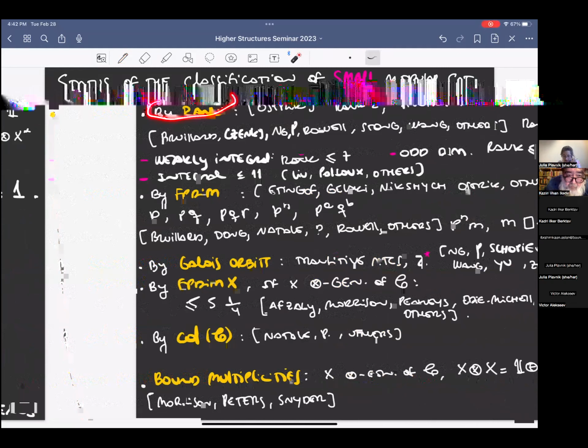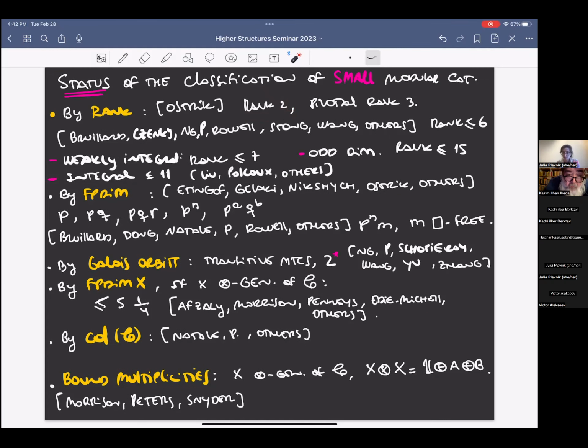Victor Ostrik started this in the more general setting, not modular categories, but fusion categories. And he gave a classification of rank 2 fusion categories. But imagine rank 2 is not a lot, it's the unit and one extra object. In this case, there are some interesting categories. For example, the Fibonacci categories is here, and then representations of groups, and not much more. So this was well understood in generality.